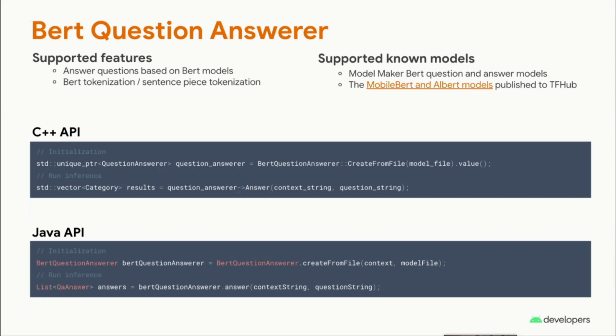Not because it is difficult, but because there's a lot of boilerplate to convert the string, using the vocabulary that you used to train the model, into the byte array and feeding it through the TF interpreter. All that is done for you. Now all you need to do is put in a context string, which is essentially a paragraph of knowledge or maybe more. The second one is the question string, and it will come back with what it thinks is the answer.